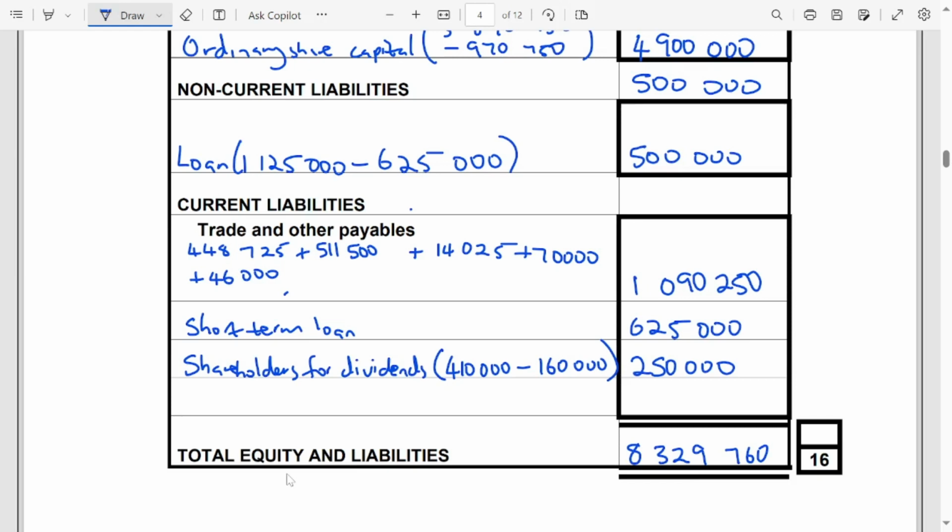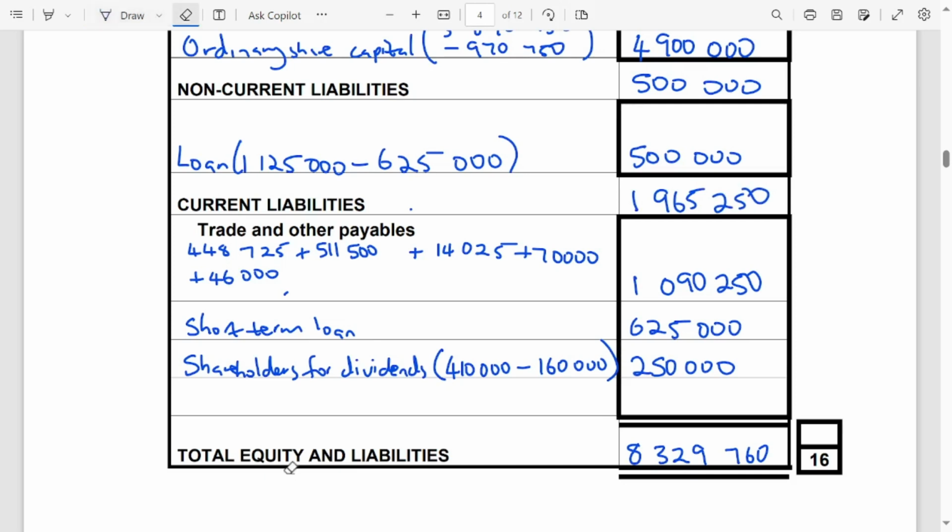So if you have a space like this, sometimes you can write the SARS income tax here. So it's going to be 1,090,250 plus 625,000 plus 250. So that is going to be 1,965,250.